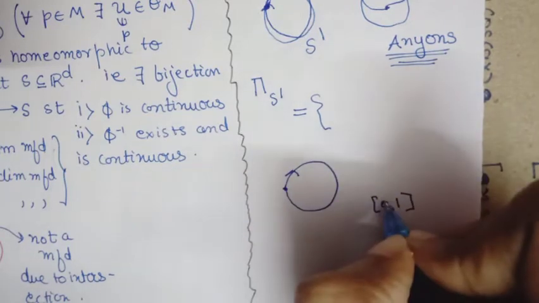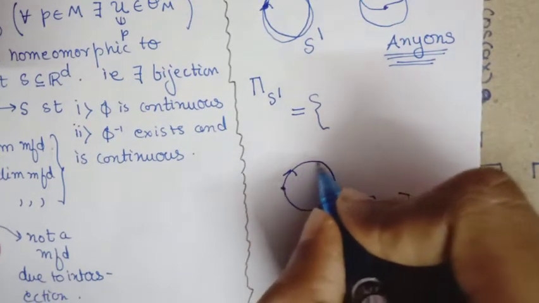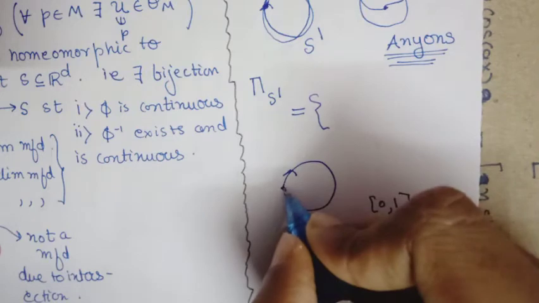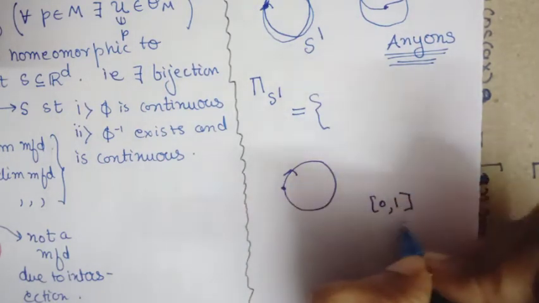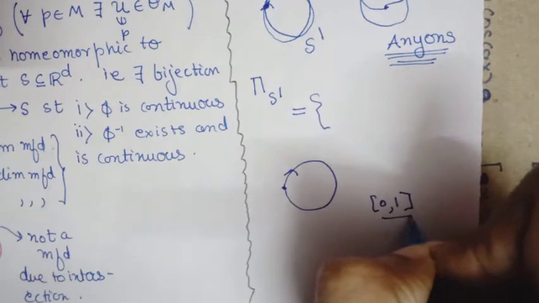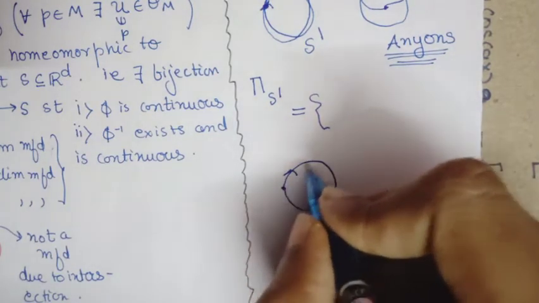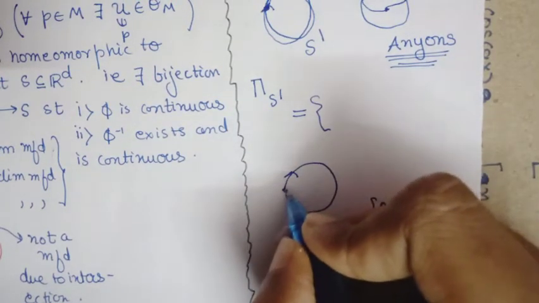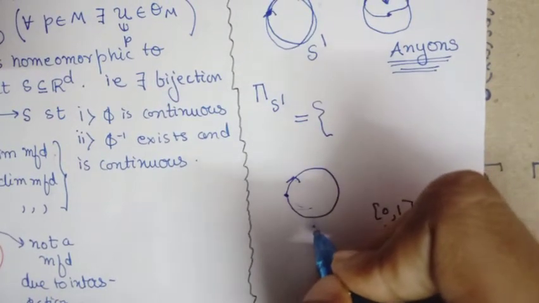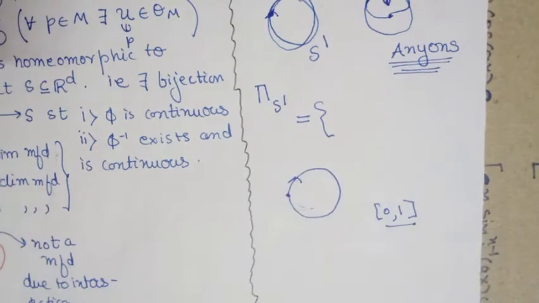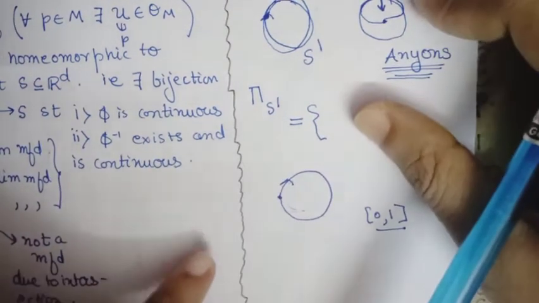So I can have a curve that goes around this loop 1 time, or I can have a curve that goes around this loop 2 times within the same interval. So concatenating these 2 curves means that I go around 3 times. So I hope that is clear.